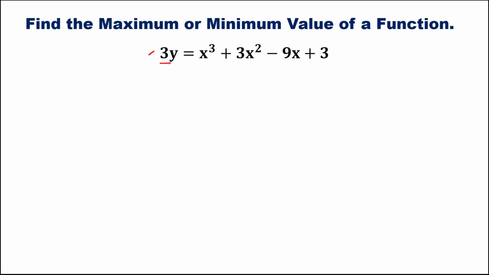So the derivative of 3y is 3y prime, which equals the derivative of x to the power 3, so this is 3x to the power 2, then plus the derivative of 3x squared, this is 6x, then minus the derivative of 9x, so this is 9. Then the derivative of a constant is 0.